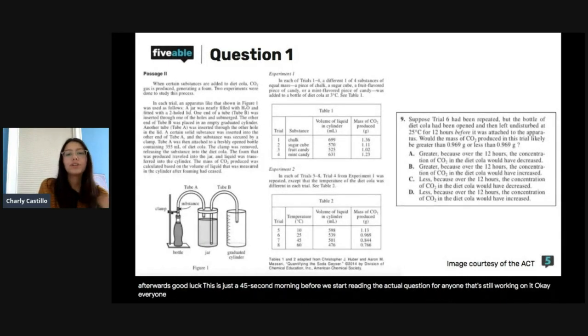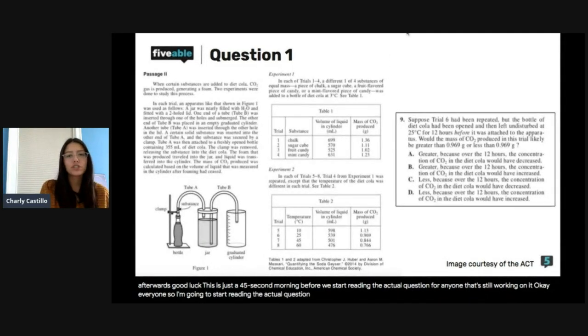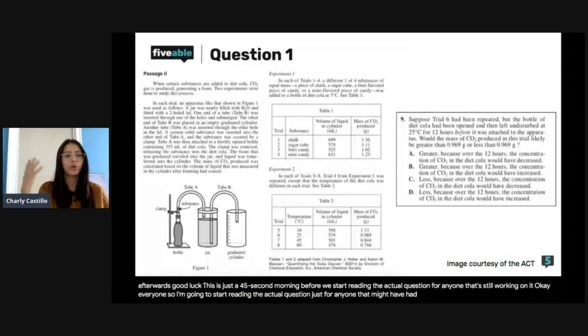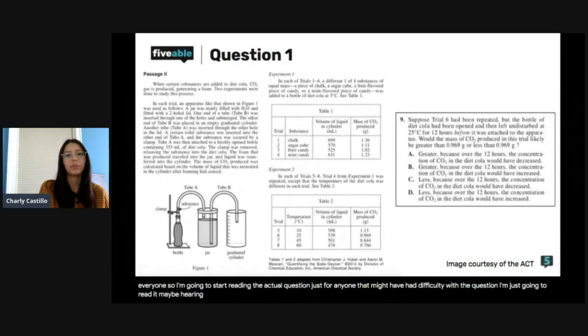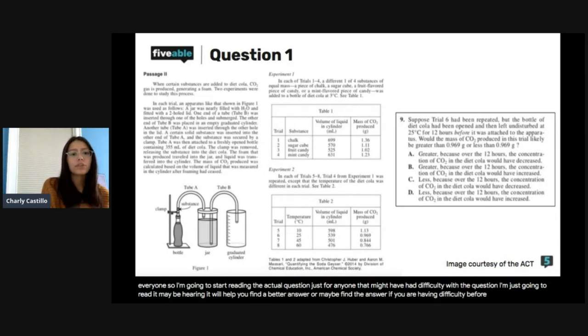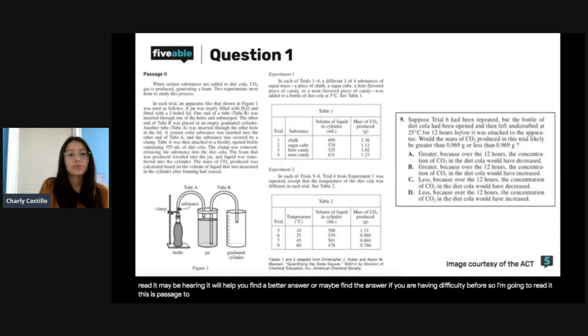Okay, everyone, so I'm going to start reading the actual question. Just for anyone that might have had difficulty with the question, I'm just going to read it. Maybe hearing it will help you find a better answer, or maybe find the answer if you're having difficulty. So I'm going to read it. This is passage 2. There was one before, but I chose not to go over it, but I'm going to start reading it now.